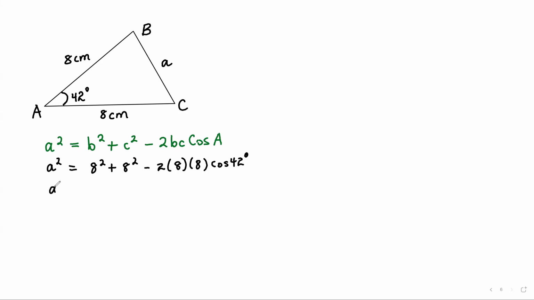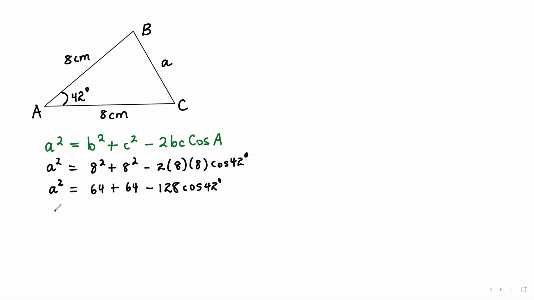So this would be A squared is equal to, guys, you could type this exact thing out in your calculator. I'm just going to do it though. 8 squared is 64 plus 64 minus 2 times 8 times 8, so that would be 128, minus 128 by cos of 42.